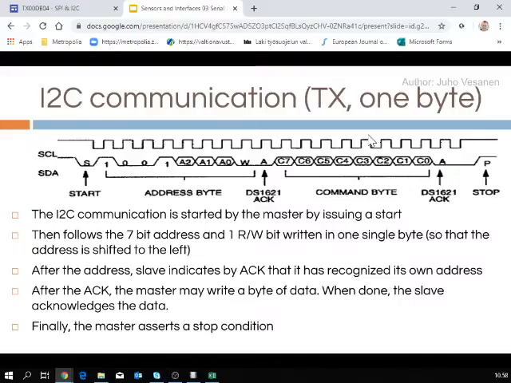Okay, so after that 7-bit address, if there is a device that recognizes that address, it sets the acknowledgement.